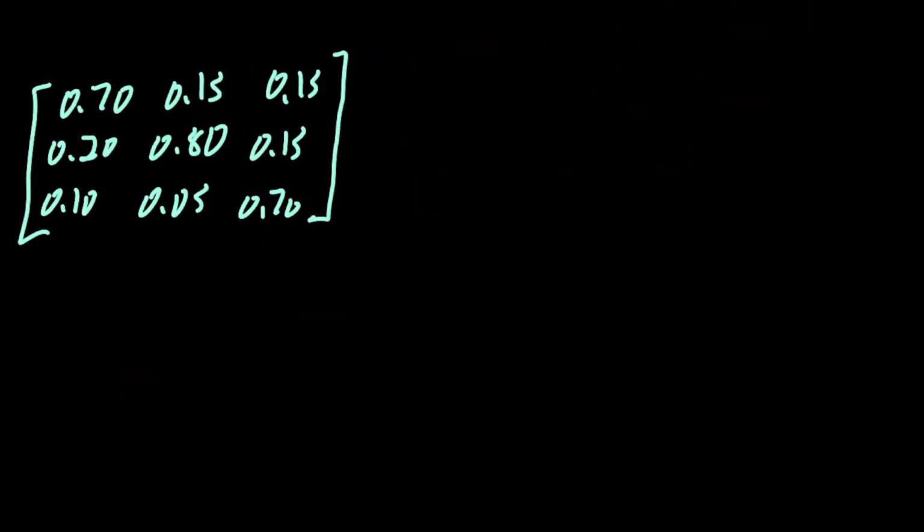So what if we didn't know that was an option, and we had to find the steady state matrix a different way? Let's use the same P matrix, and to find the steady state matrix, we're still going to use the equation P times the steady state matrix equals the steady state matrix.